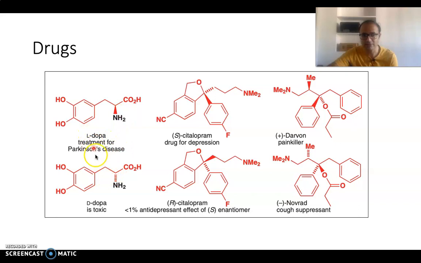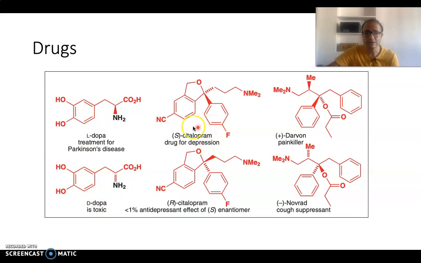One is the L form, another is the D form. One of the enantiomers is used for treatment of Parkinson's disease, however the other enantiomer is toxic in nature. So asymmetry has great significance: one enantiomer can have a very good property, while the other can be really toxic.